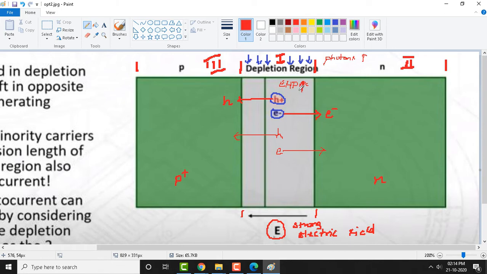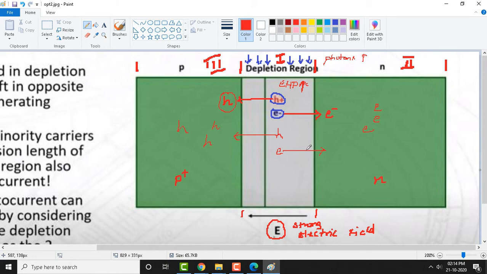And when electron hole pairs increase, more holes are pushed into the P region and more electrons move into the N region here.